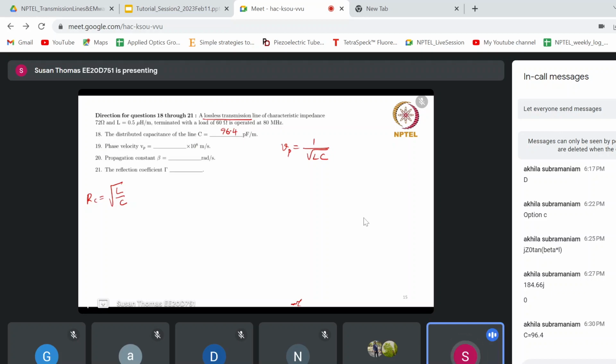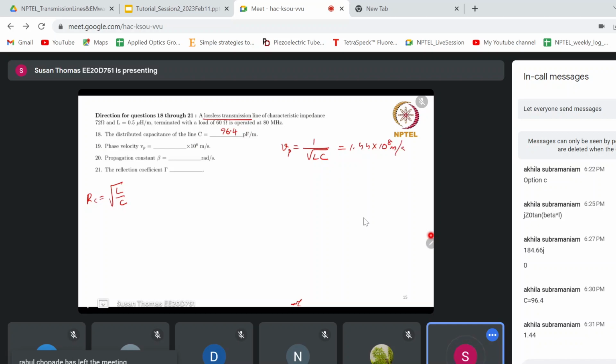All of you can give the answers. So the phase velocity answer is, yes, 1.44 into 10 power 8 meter per second.